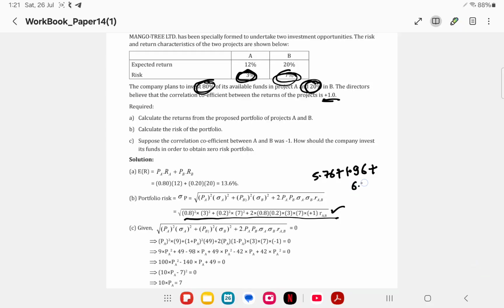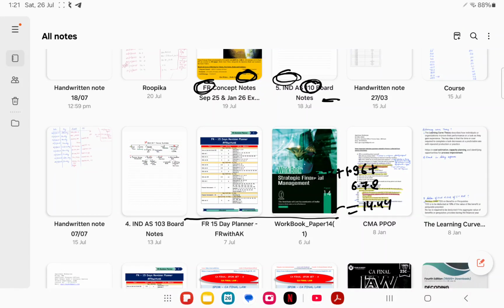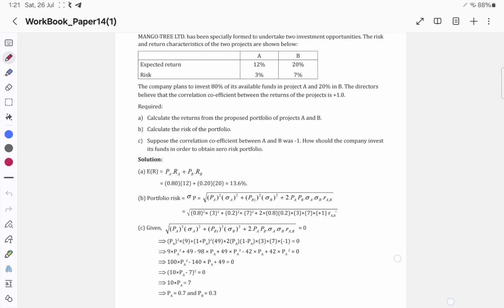So it comes as 6.72. So the answer will be 6.72 plus 1.96 plus 5.76. So this will be the final answer, 14.44. Okay. So 14.44 will be the final answer.